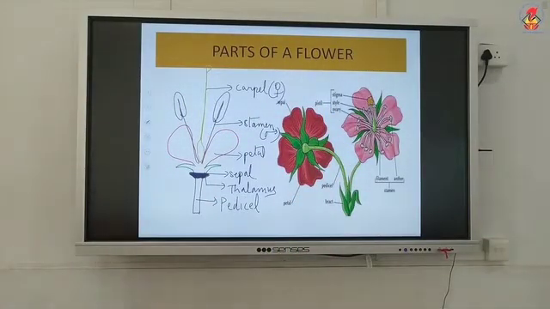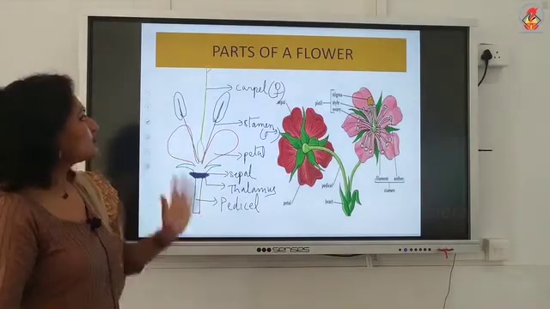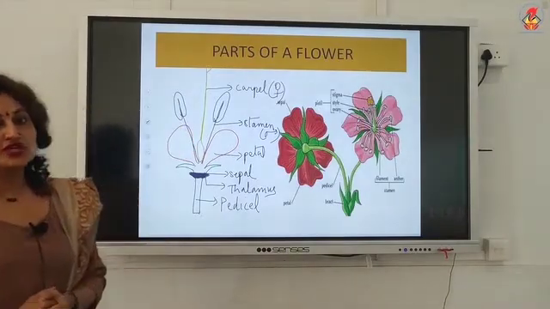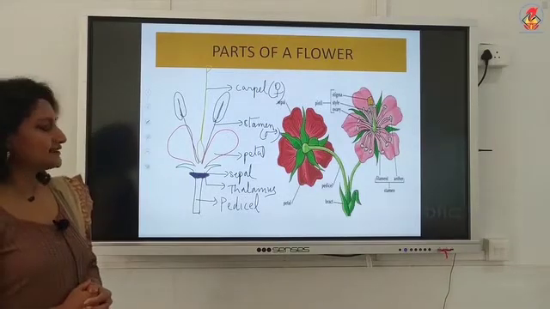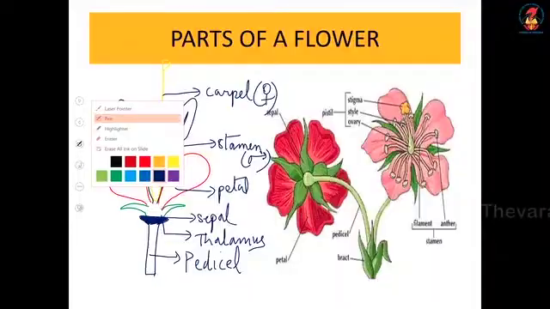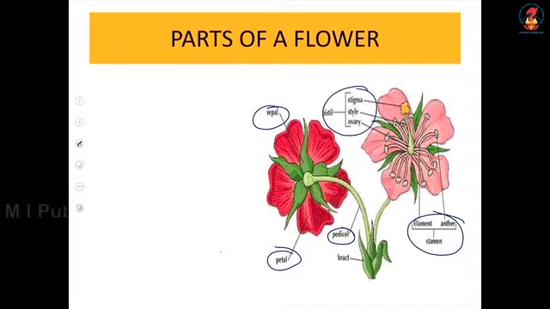Then we have the whorl of stamens and the whorl of carpels. The whorl of stamens is known as ANDROECIUM and the whorl of carpel is known as GYNOECIUM. See, pedicel. Then we have the petals, sepals, then the stamen and the pistil.